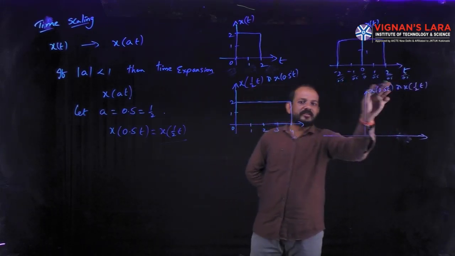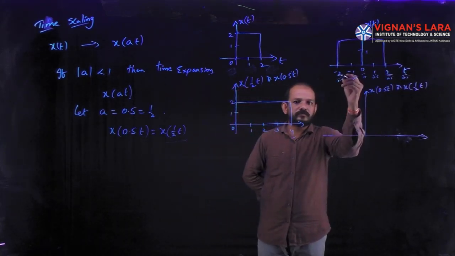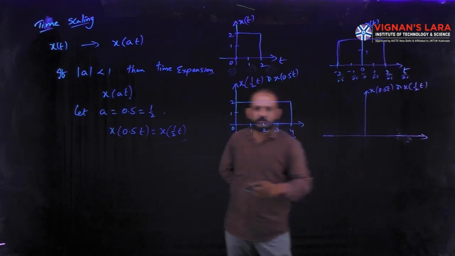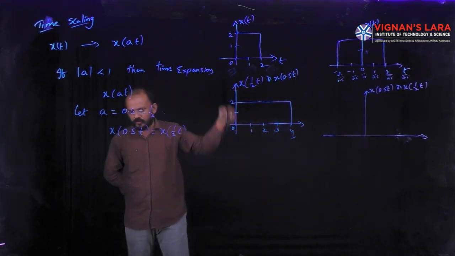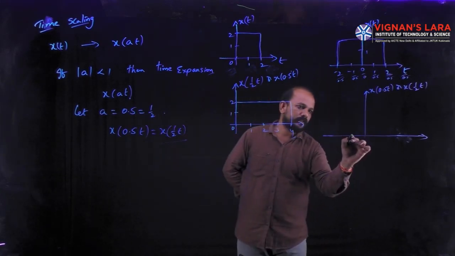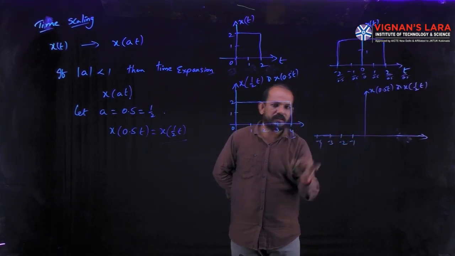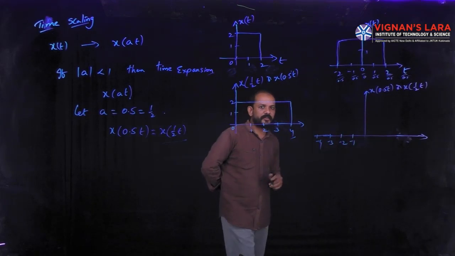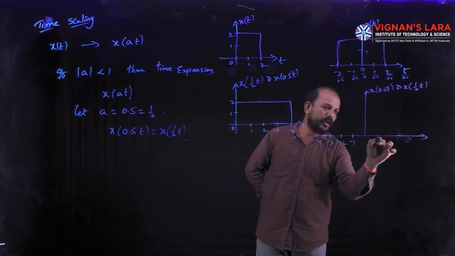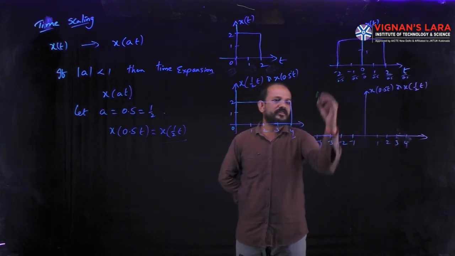You don't need to write this; for your understanding, I am writing it there. Okay. Now minus 2 by 0.5, or minus 2 by 1 by 2, that is minus 4. So 1, minus 1, minus 2, minus 3, minus 4. So for this there is minus 4.